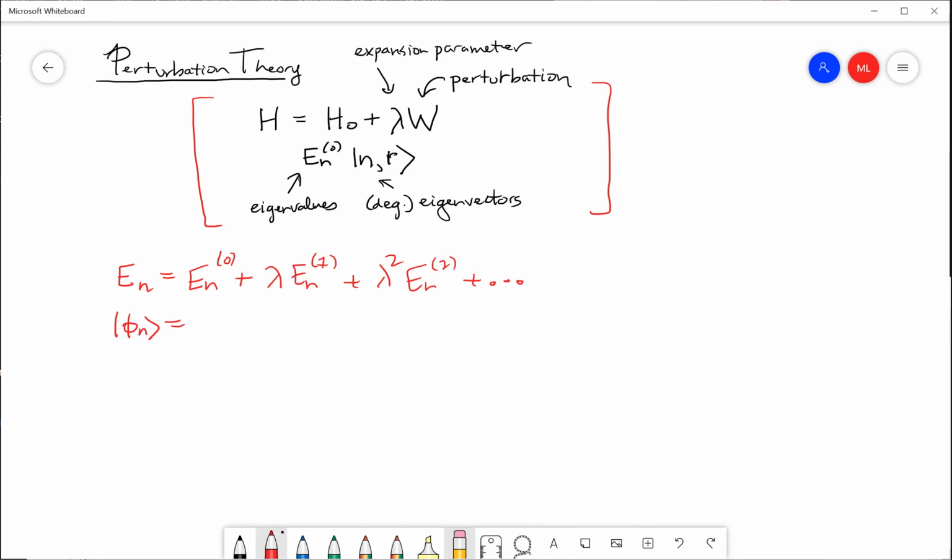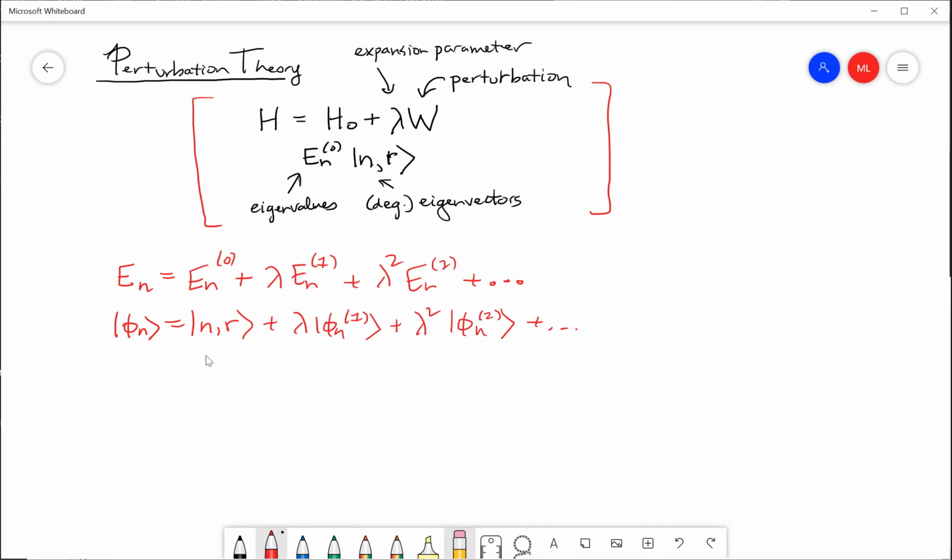And for the state, it's the same thing. We want something here, and then we want a Taylor series in terms now of vectors in your Hilbert space that correspond to corrections to this unperturbed state.